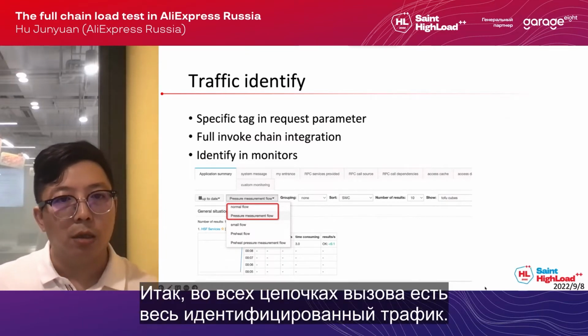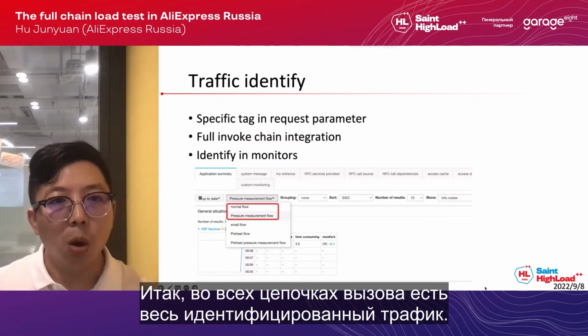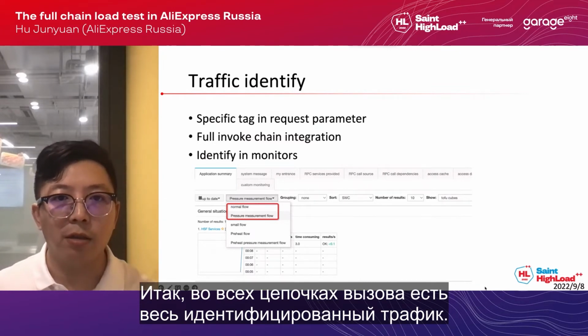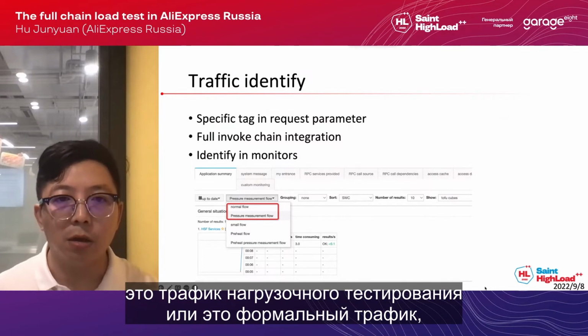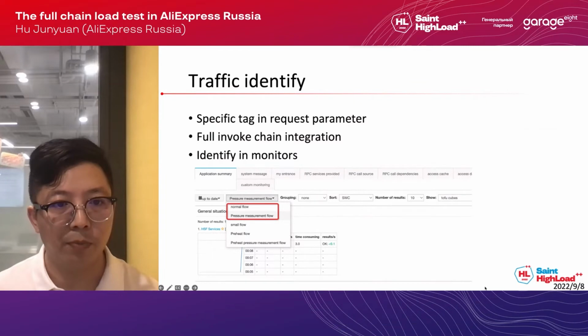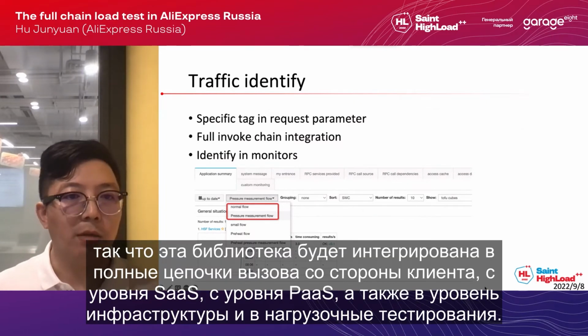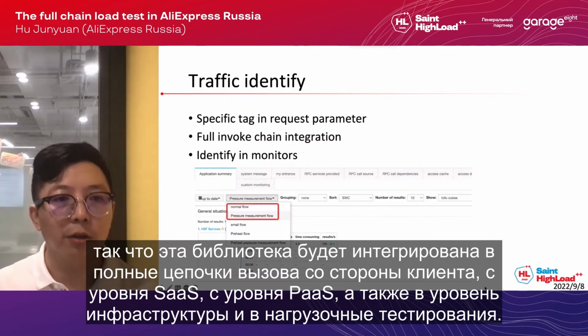So in the whole invocation chain, all the traffic is identified as either load test traffic or formal traffic. This library will be integrated in the full invocation chain from the client, from the SaaS layer, from the PaaS layer, and in the infras.